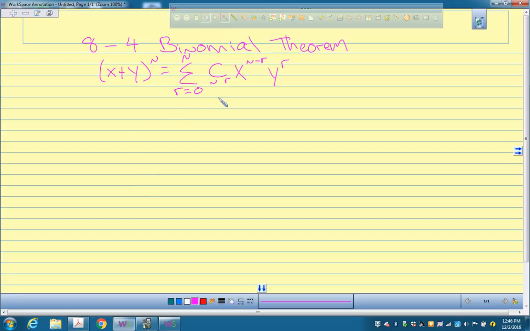So what does the binomial theorem mean? Okay, this nCr is a combination. nCr is equal to n factorial over r factorial times n minus r factorial. Have any of you ever done this before? That's called a combination. You can find these numbers on your calculator, or you can do them by hand.